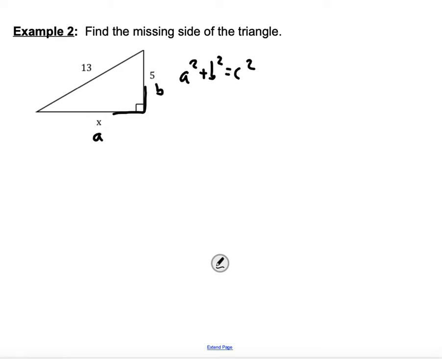And then my C is right across from the 90-degree angle. Plug them into the formula.